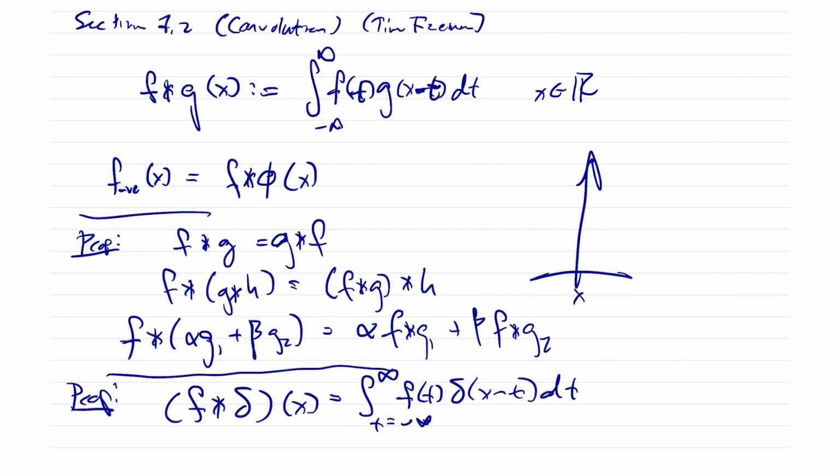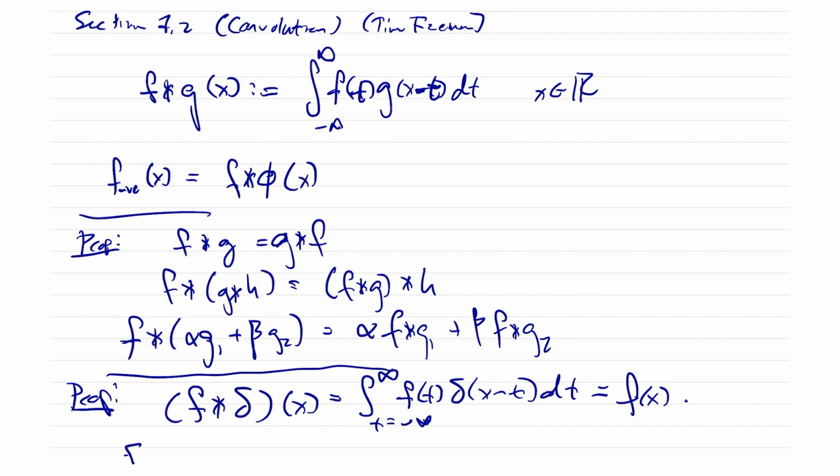And this is the functional or the tempered distribution that would give us back f at x. So f convolved with the delta function evaluated at x is just f of x back, and so this is what we call sort of a filter with perfect resolution.